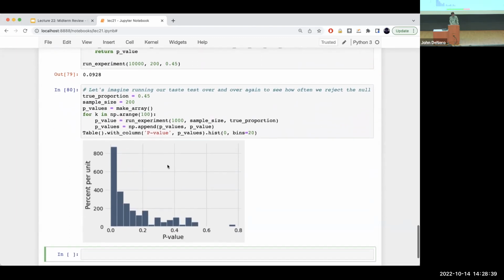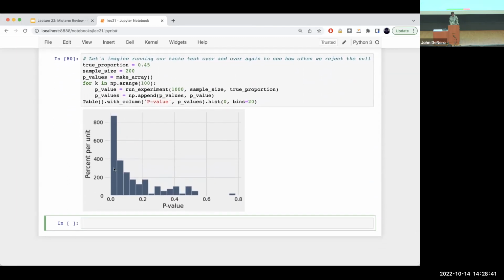Using hypothesis testing, well, the only times we could tell is when we can reject the null, meaning we got a p-value less than or equal to 0.05, which did happen sometimes. Sometimes we got a p-value really close to 0, but there are other times where we got a p-value that was much larger, meaning we couldn't tell whether there was a difference or not.